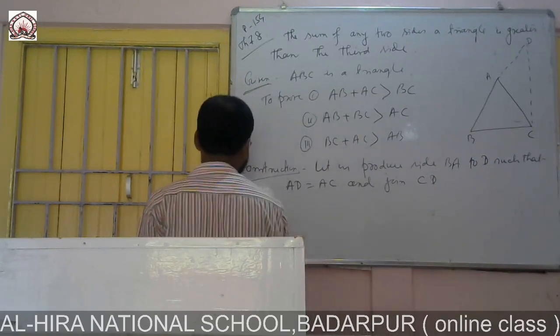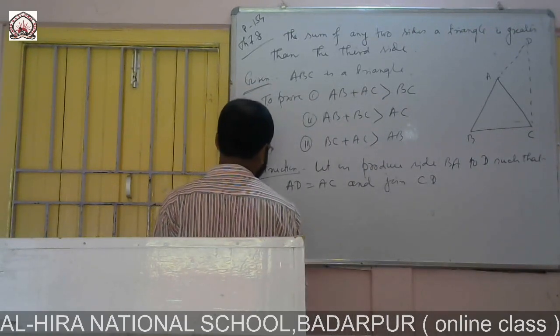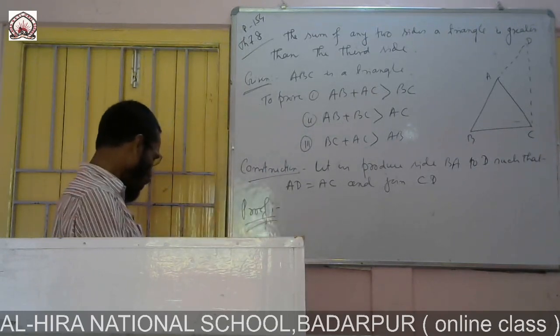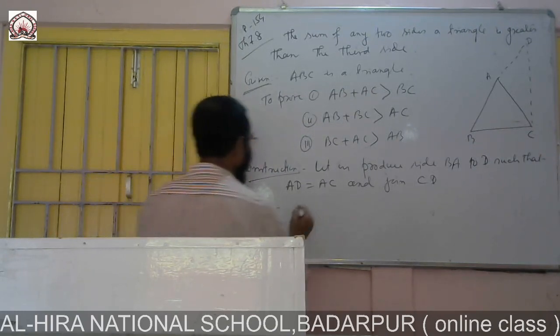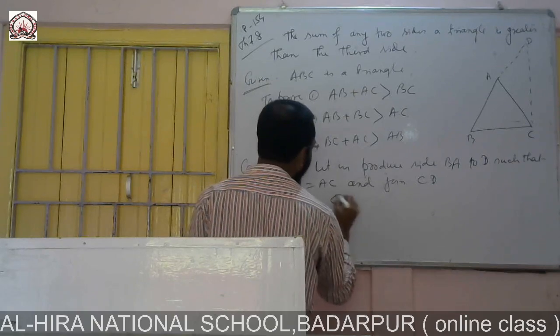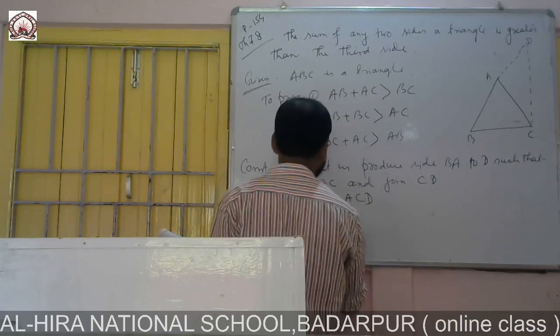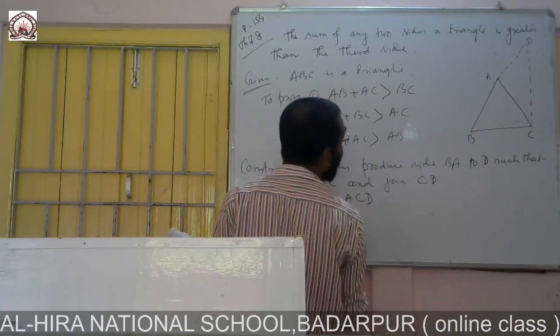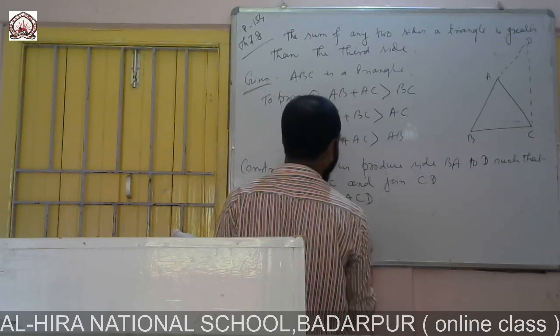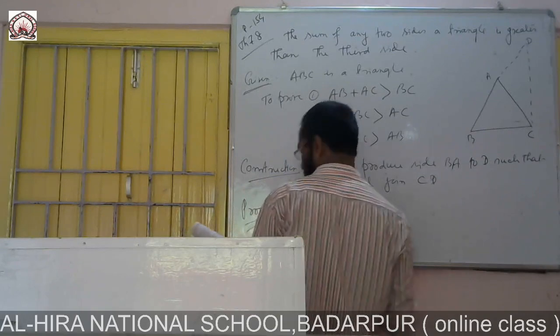Now proof. In triangle ACD, AC is equal to AD by construction.